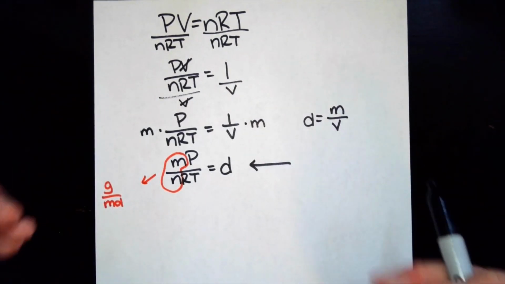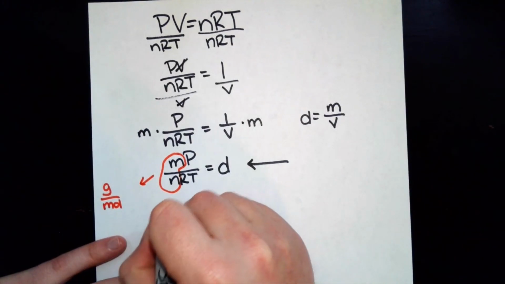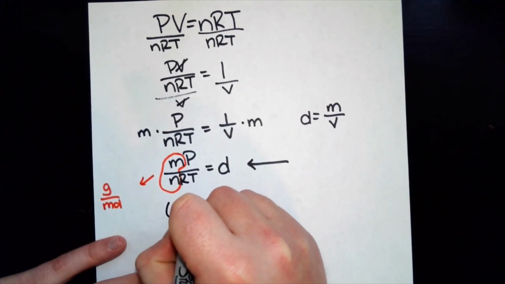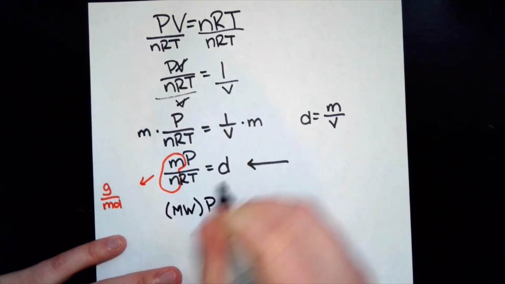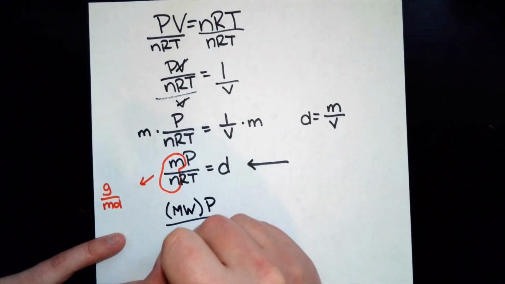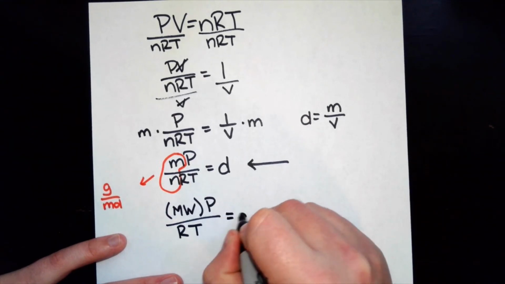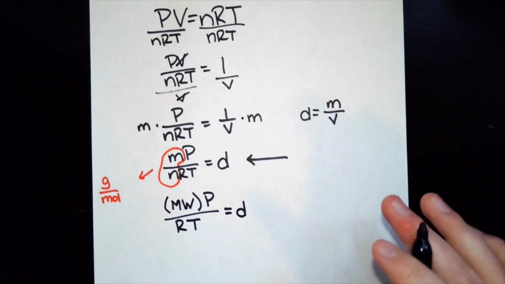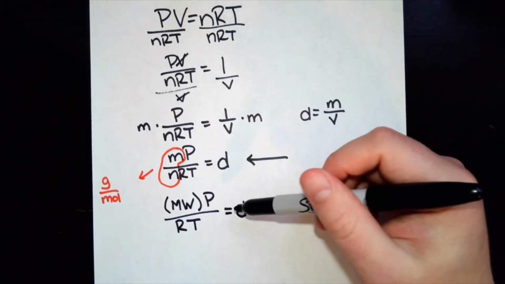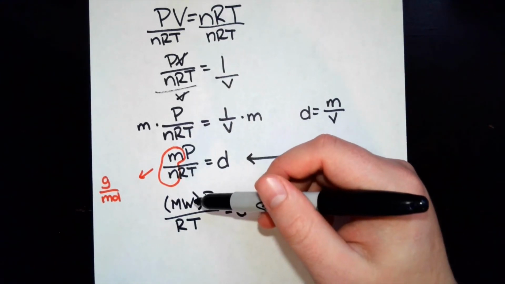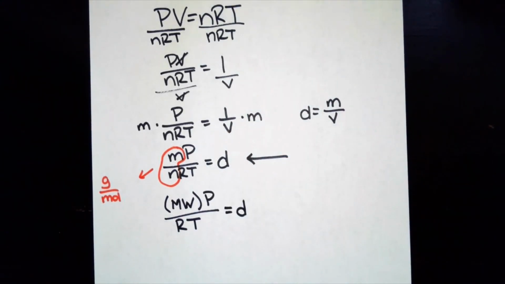So we can actually substitute that out, and we could say the molecular weight times the pressure, divided by RT, equals the density. So you can actually use these values to find the molecular weight of an unknown gas. And that is the fourth and final version of the ideal gas law.